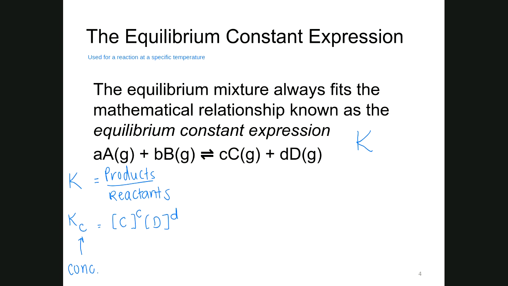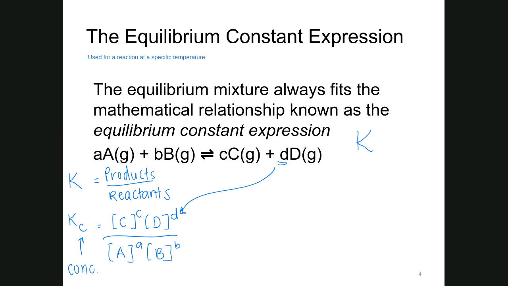One more time, our coefficients become our exponents. Those are our products, and then we divide by our reactants. So we're going to have concentration of A raised to little a times B raised to little b. So that is the equilibrium constant when using concentration.